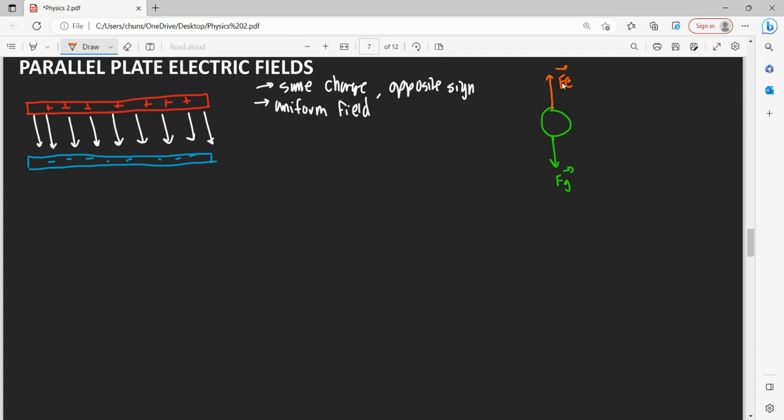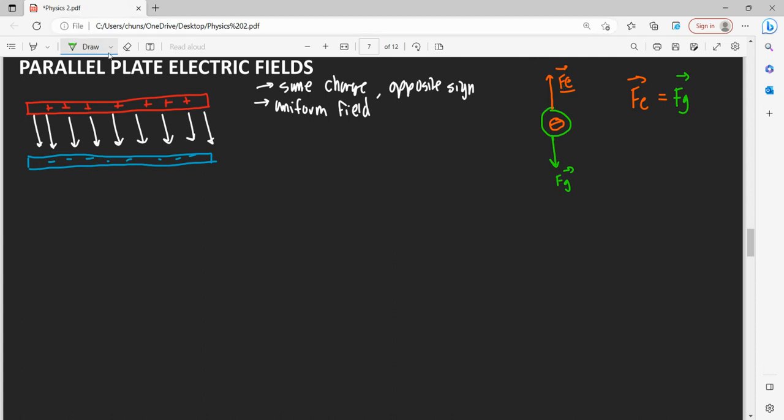If we put this particle in here and we wanted it to move towards the positive plate, then the particle would have to be negative, right? So that's how we found the charge of an electron back in the day. That means that our electrostatic force would have to equal our gravitational force in order for it to stay suspended.